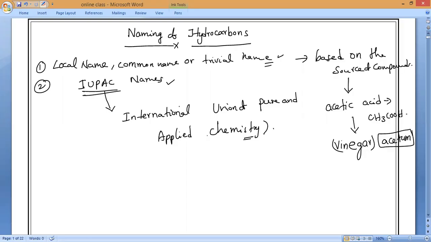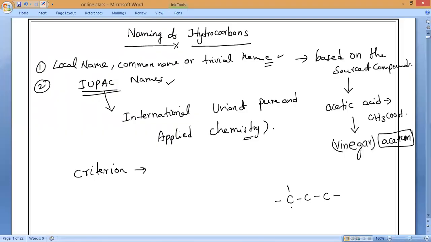Now, the fundamental criteria IUPAC uses for the name are the parent name, or the basic carbon skeleton. Those are the two things it will take. Last class I taught you the carbon skeleton. Do you remember, guys? Carbon skeleton means representing the carbon without other substances.